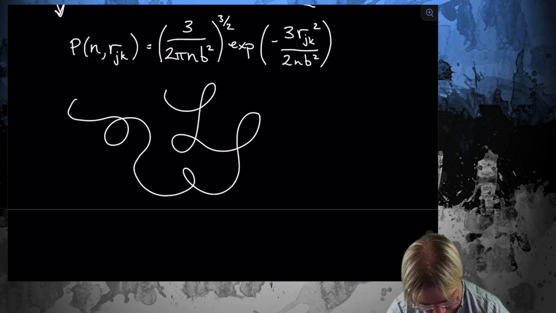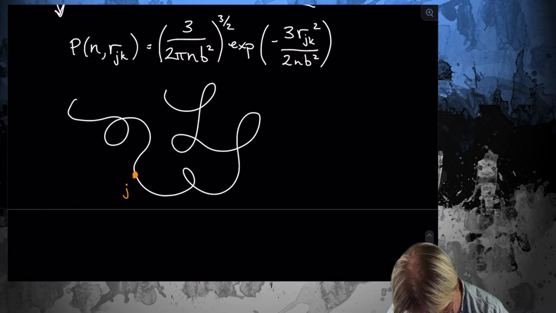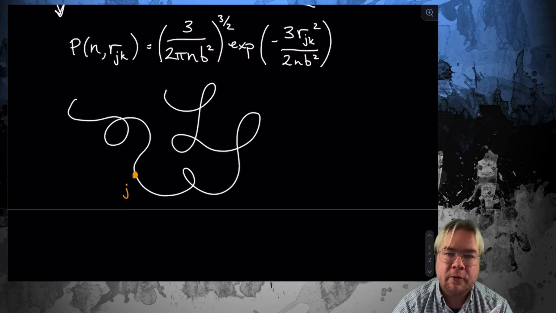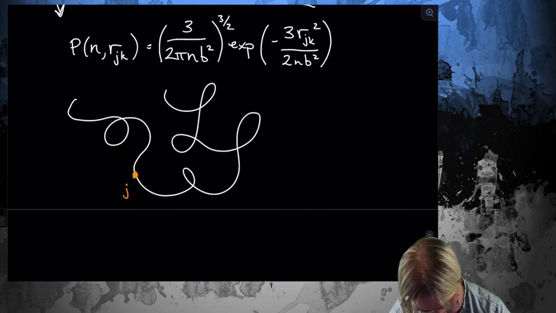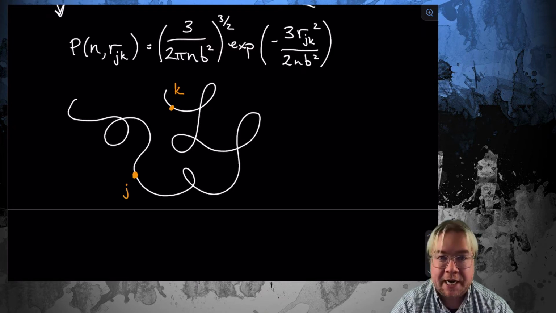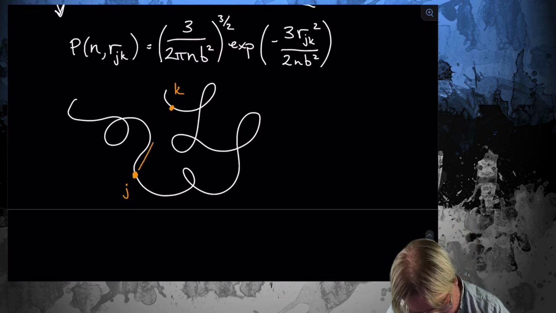Let's put this one here. This will be monomer J. And let's put the other one far away, here. This is going to be monomer K. Then r_jk is going to be the distance between these two monomers.